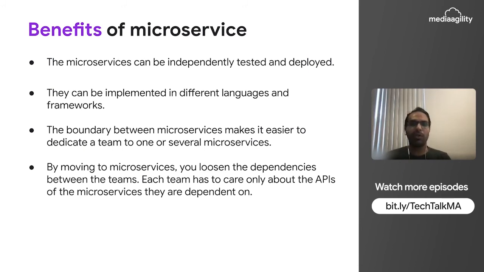So using a microservice-based approach, we can have different teams specialized in that particular domain of the microservice, and then it can innovate or scale or build more features at a faster speed.